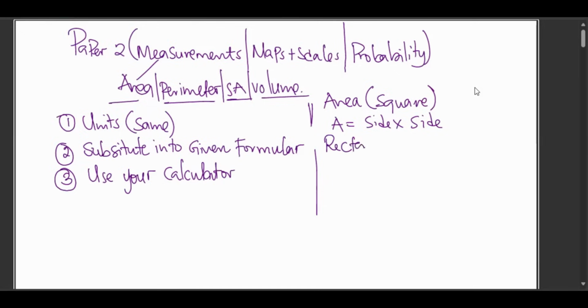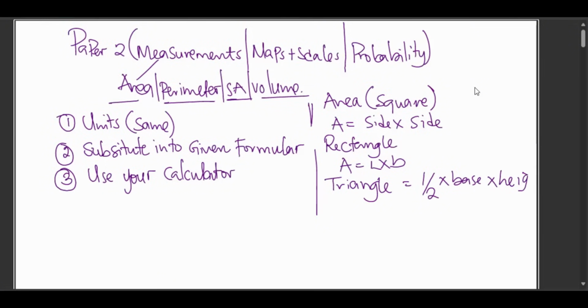Area of a rectangle will always be L times B. Then a triangle: area of a triangle will always be half times the base, then times the height.